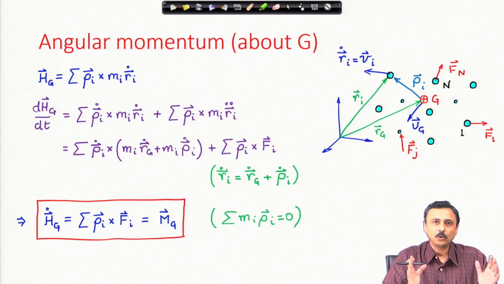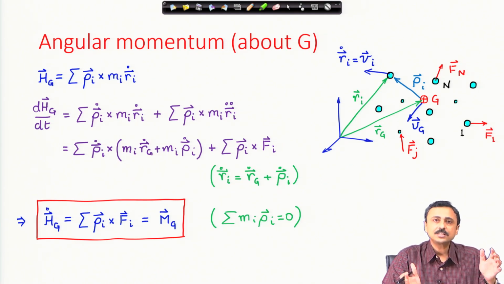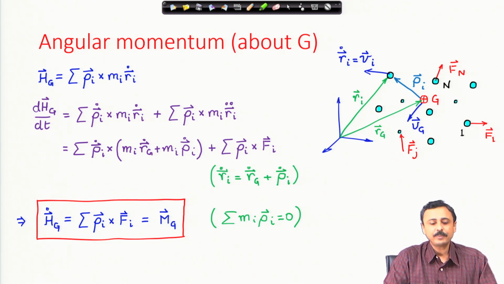One is how this whole system is moving, or how the center of mass of this whole system is moving, and how this system is orienting as it moves. This governing equation tells us that rate of change of angular momentum, and this we will see very soon, tells us how the orientation is changing. Finally, we will find out the change of orientation of the system as the system evolves.